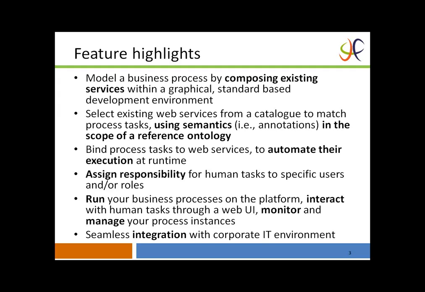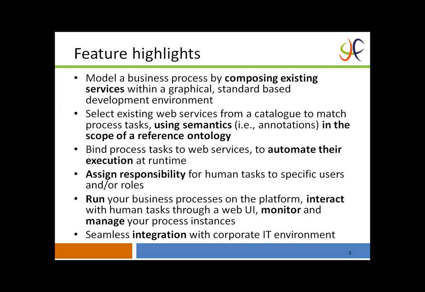So you will have annotations on both the service tasks in the processes and on the web services in the catalog, and then you will do the matching to see which web services are actually matching the requirements of your process tasks, your abstract process tasks.